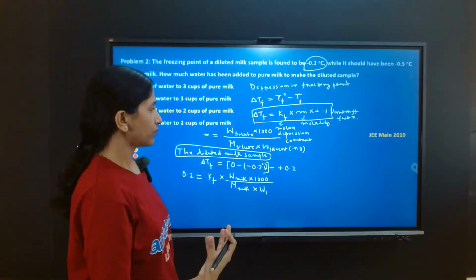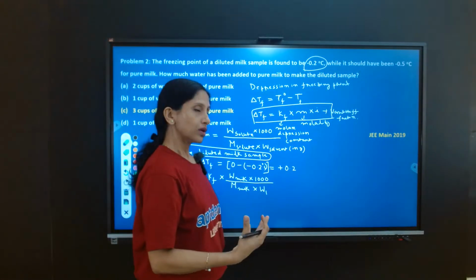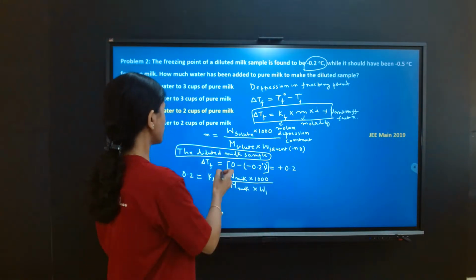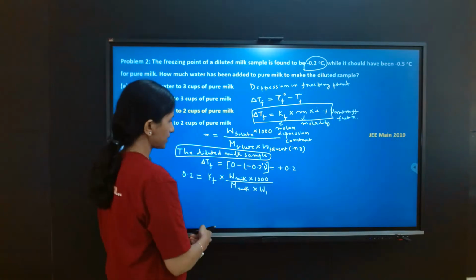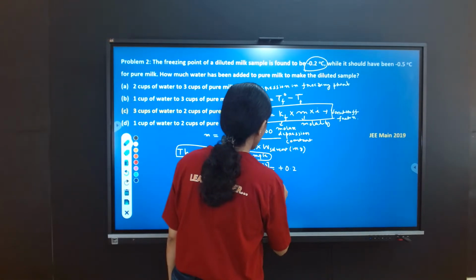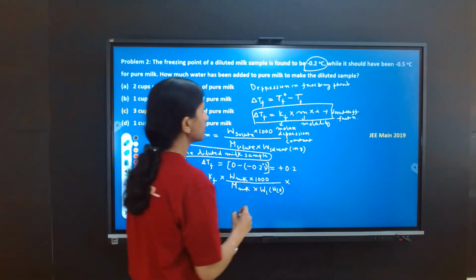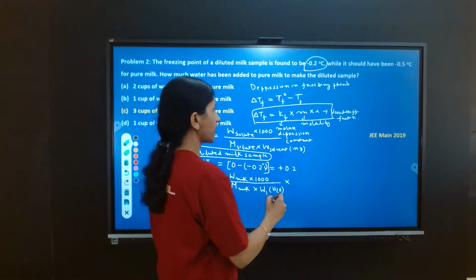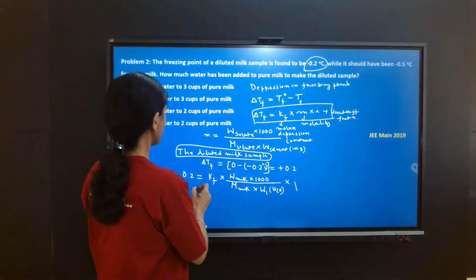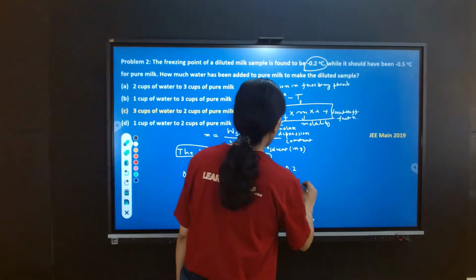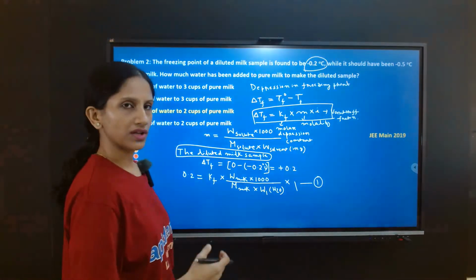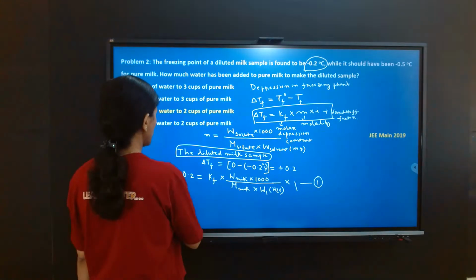W1 is the weight of the solvent, that is water, that has been considered for the diluted milk sample. So W1 water times i, and we know that the Van't Hoff factor is 1. Okay, so you can number this equation as equation 1.